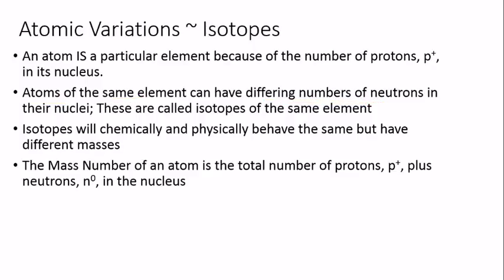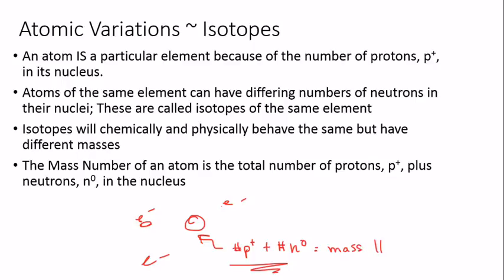So here's an important concept. If you look in the nucleus, here's my nucleus and here's my electrons out here, and you count the number of protons and the number of neutrons and add them together, that gives you what's called the mass number. Sometimes students get this a little confused. Mass numbers are always integers, always whole numbers, because you are counting the protons and neutrons in the nucleus of an atom.